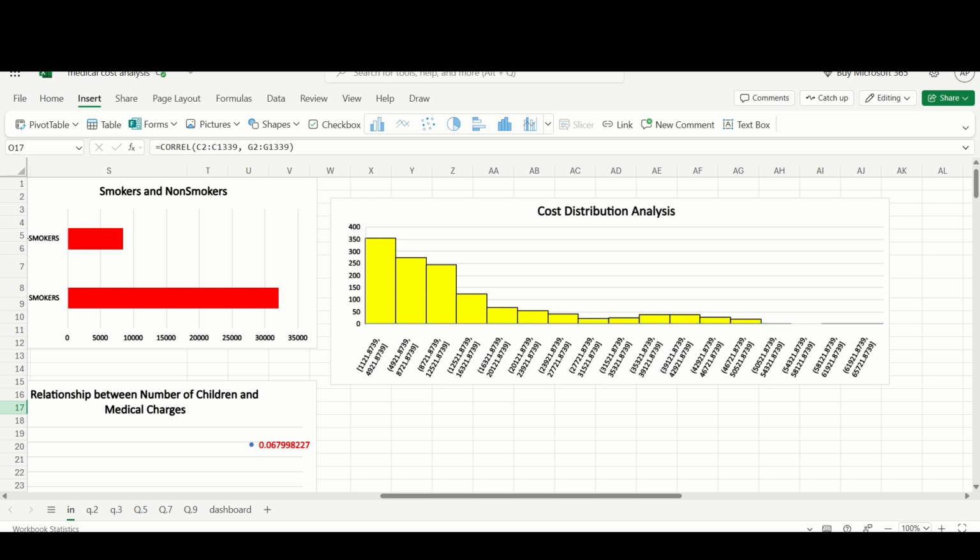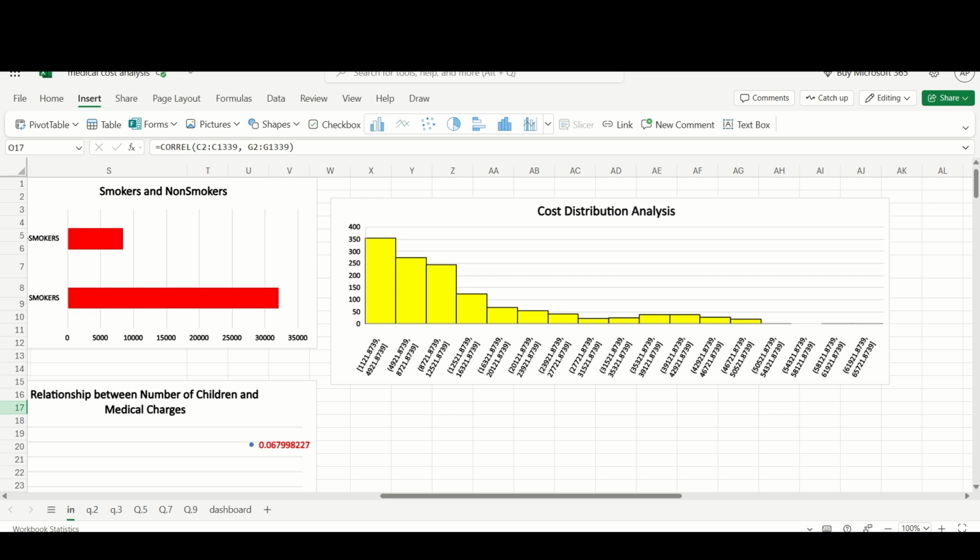On the y-axis, it shows the number of people, which is called frequency, whose medical charges fall into each bin. The first bar has the highest frequency of over 350 people, meaning more than 350 people had charges in the lowest range. These people have very low medical charges.